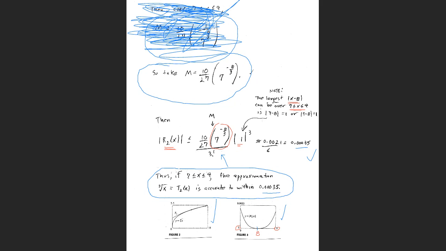And that's where the polynomial approximates the cube root of x perfectly, at the center point at a equals 8. But then it gets worse as you move out, and so the error gets worse. That's what this picture is showing. And then here 8 is right about here. So this is the x-axis here.